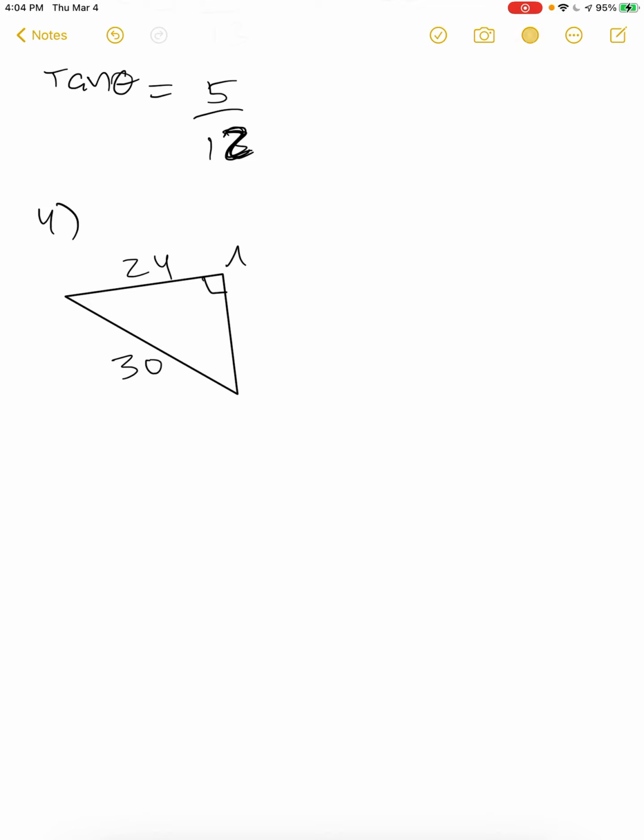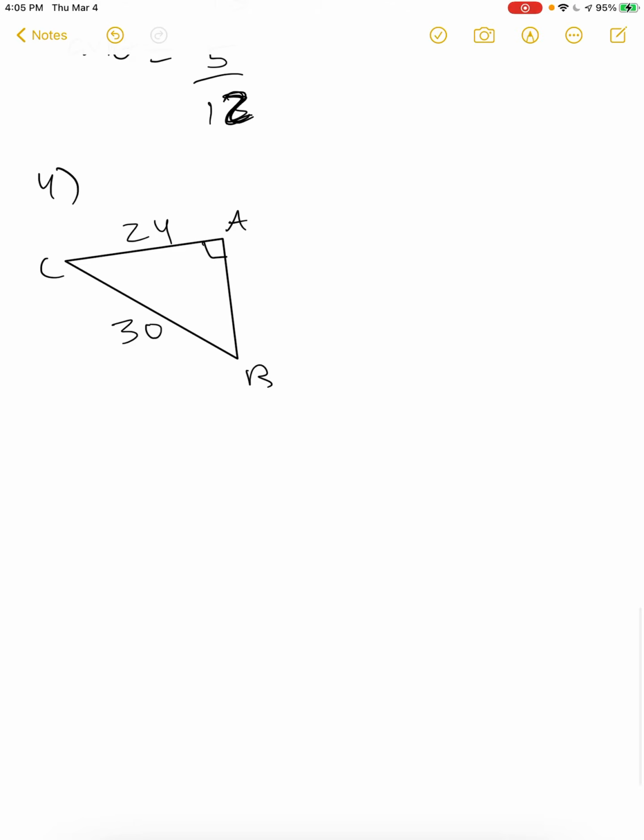And we're working with triangle A, B, C. So to solve a triangle means that you find all 3 sides and all 3 angles, right? So what's missing here is side AB, angle measure C, and angle measure B. So we need to solve for these 3.